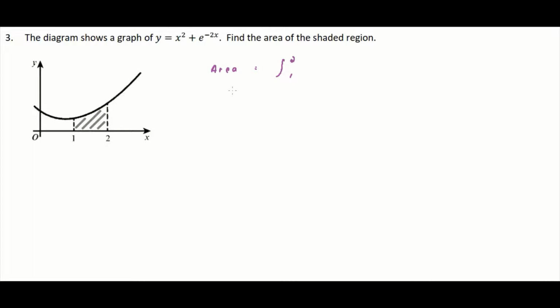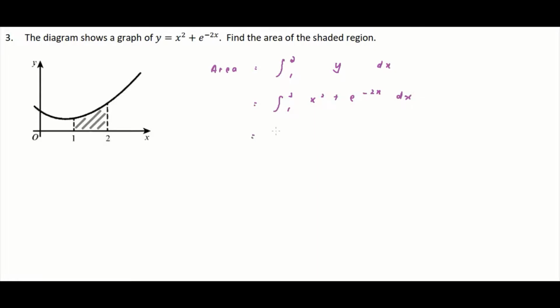Okay, so this is the area between the curve and the x-axis. So that's why you are going to integrate it with respect to x. So inside here, it should be your y. Okay, then now we can substitute your equation of y here. x squared plus e^(-2x) dx.